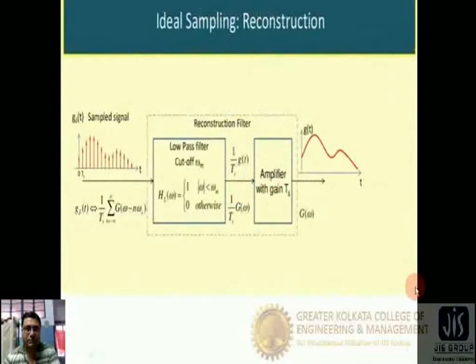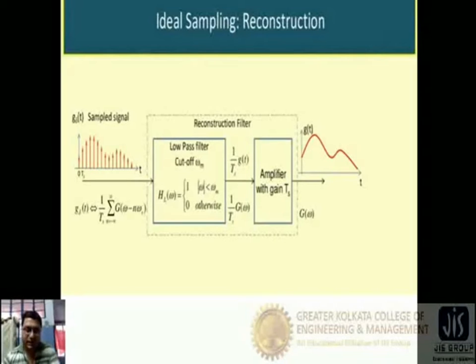It is the reconstruction of the sampled signal. We just put a low pass filter on the sampled signal and we can reconstruct our original input signal with the help of a simple low pass filter along with an amplifier. The amplifier is nothing but to amplify the gain of the signal to our desired level.